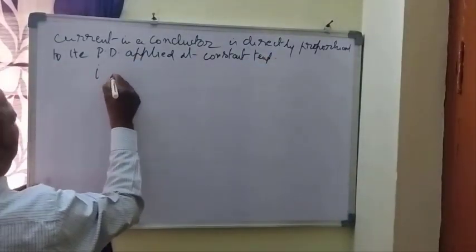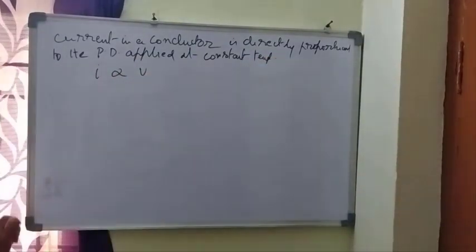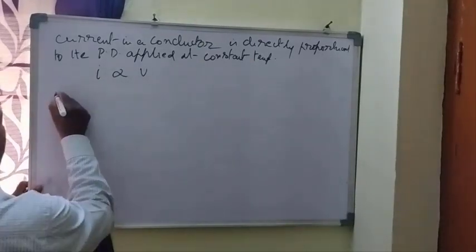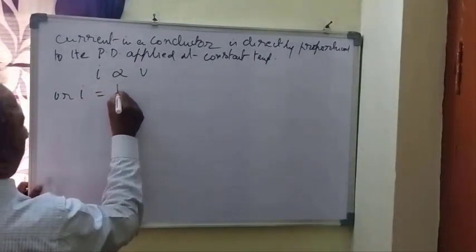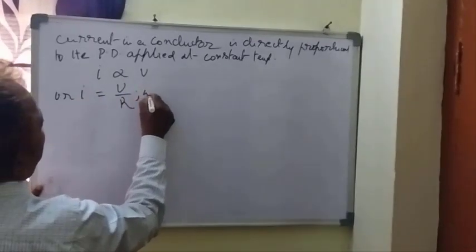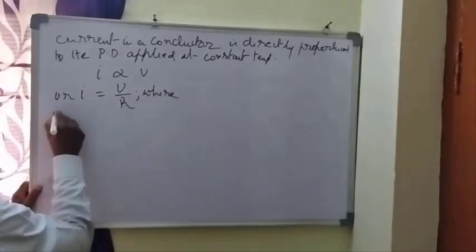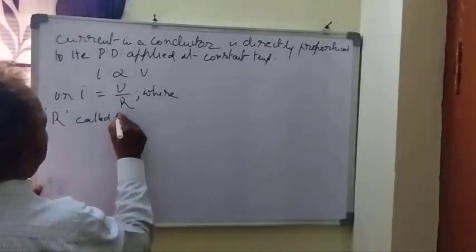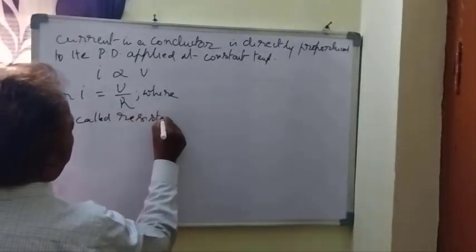So I is proportional to V, where I is the current and V is the potential difference. I equal to V by R, where R is a proportionality constant called the resistance of the conductor.